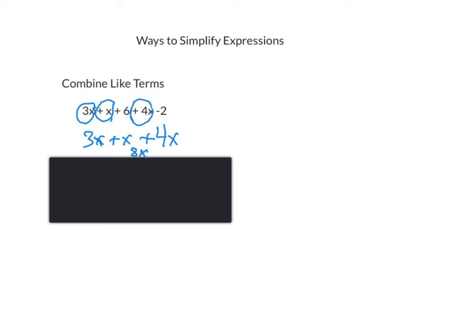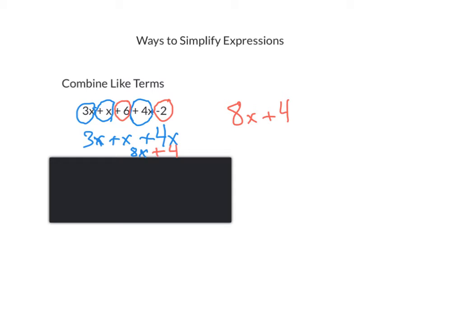I have 2 terms that are without variables. That's plus 6 and minus 2. So now if we do 6 minus 2, 6 minus 2 is a positive 4. And I've combined all of my terms now. My equal expression is 8x plus 4.